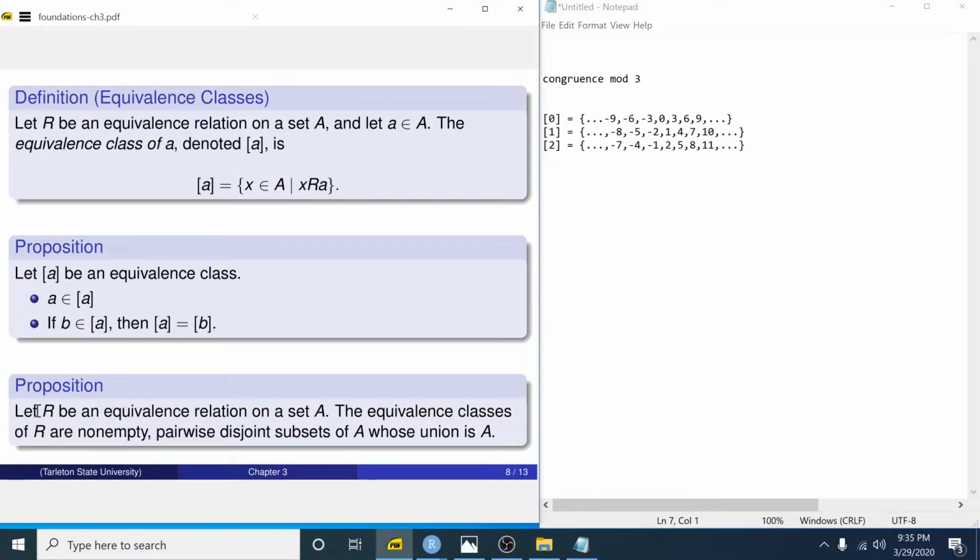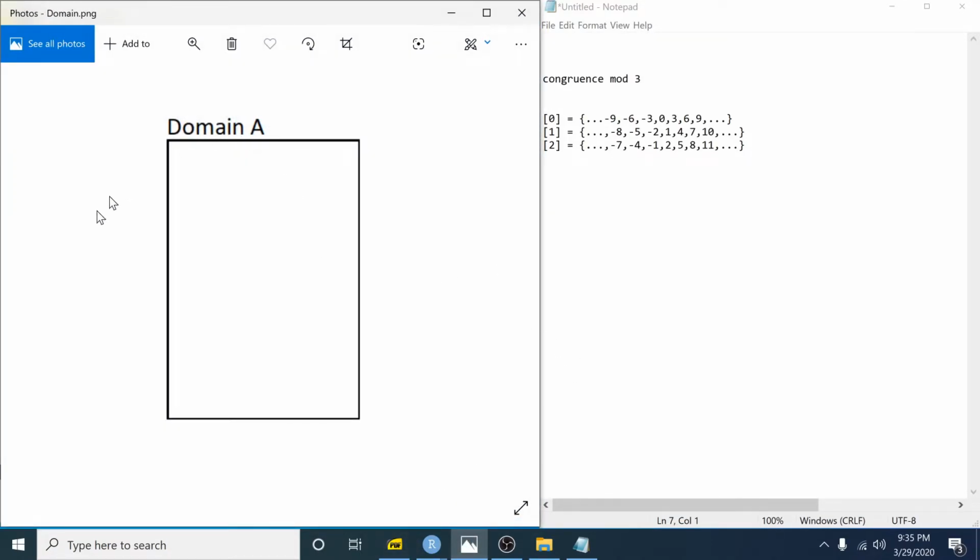It says that if you let R be an equivalence relation on a set A, then the equivalence classes are non-empty, pairwise disjoint subsets whose union is equal to the whole set A. So a nice picture of that would be to think about it this way. You've got this domain A. And again, the domain A, you want to think of it as like a universe. It's like this big set that has everything under consideration that you care about.